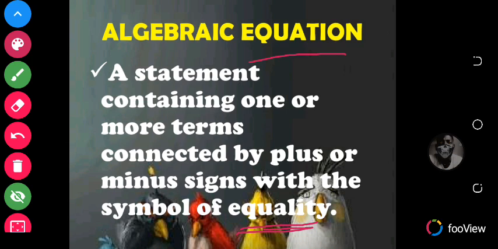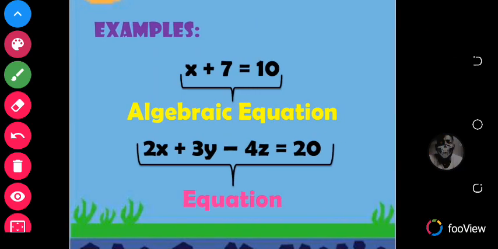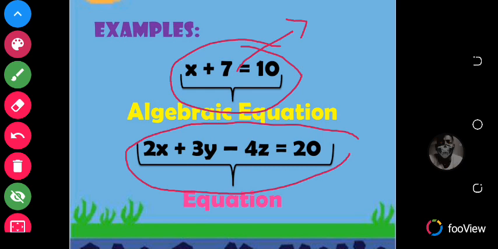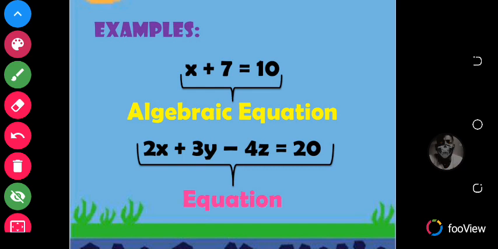That's all. Let's look at examples of algebraic equations. This is an algebraic equation because it has an equal to sign. This is an algebraic equation because it has an equal to sign. Without the equal sign, it's just an expression.